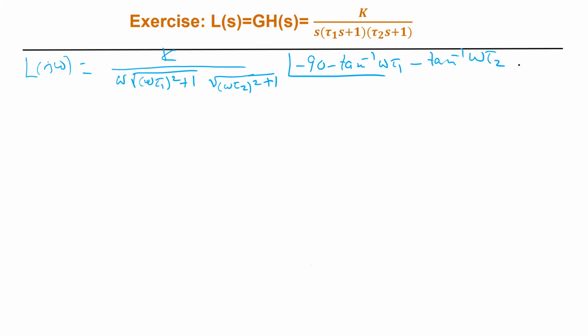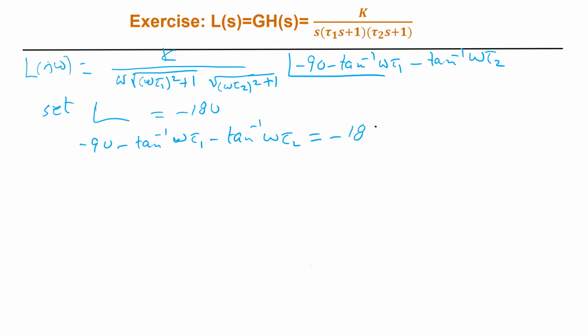We set the phase equal to minus 180, which means minus 90 minus tan inverse of omega tau 1 minus tan inverse omega tau 2 equals minus 180.